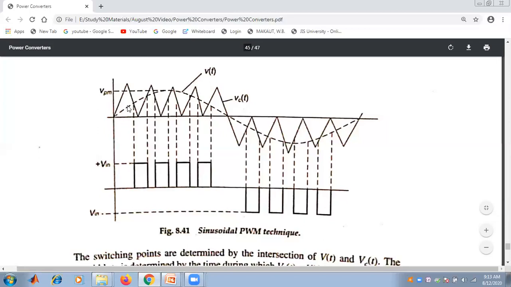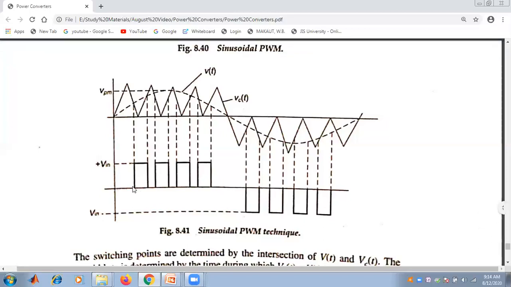This is the Vt value and this is the value of Vct for that interval. So the output is 0. The output value is 0 for the sinusoidal pulse width technique.